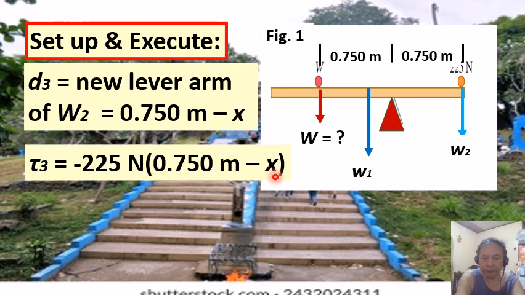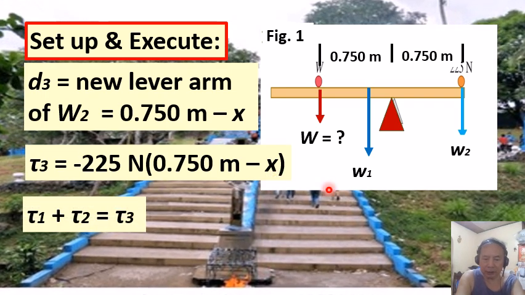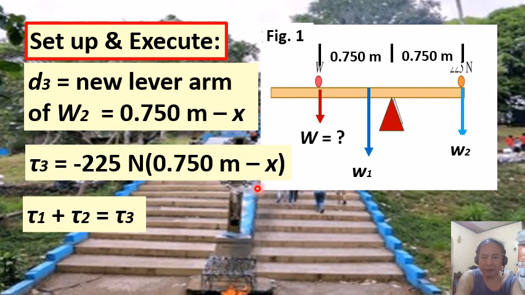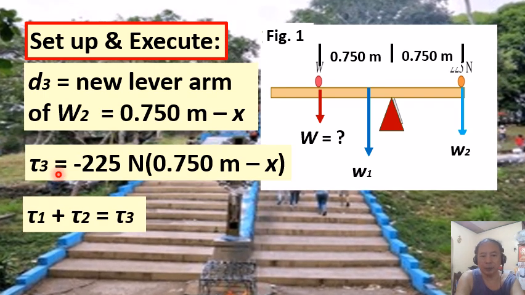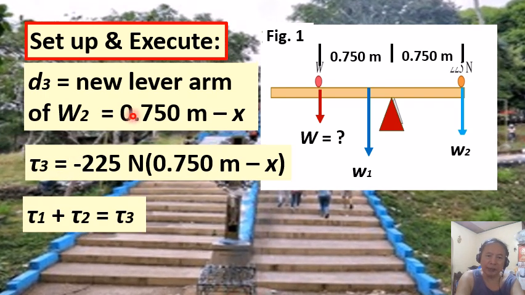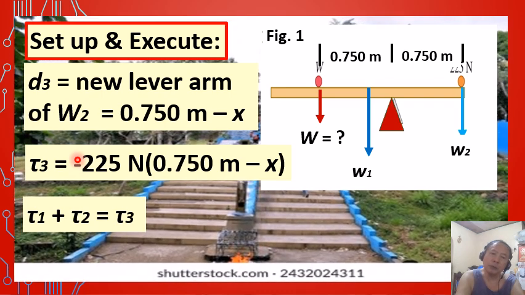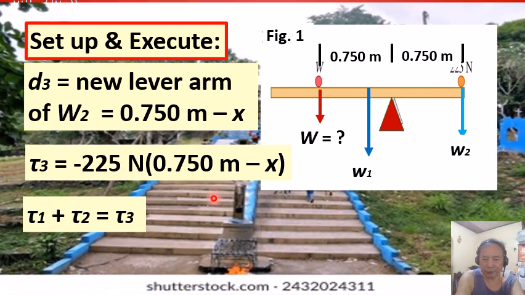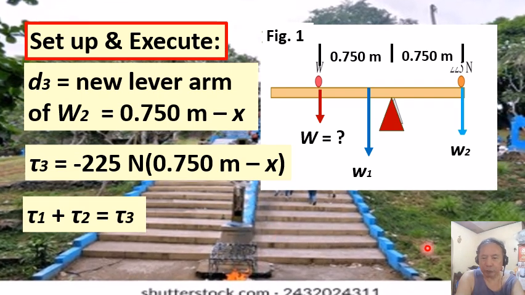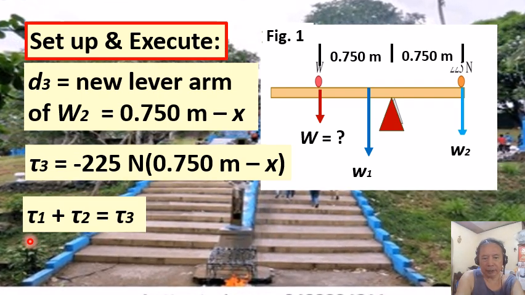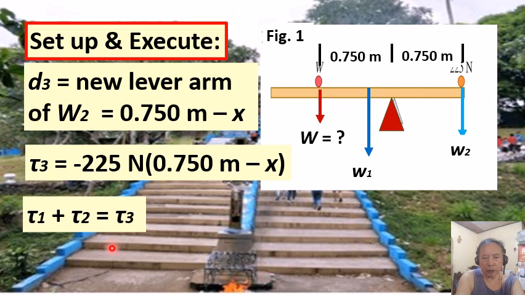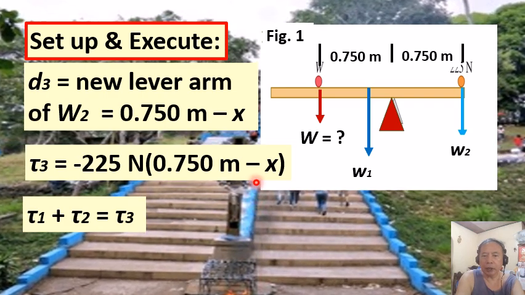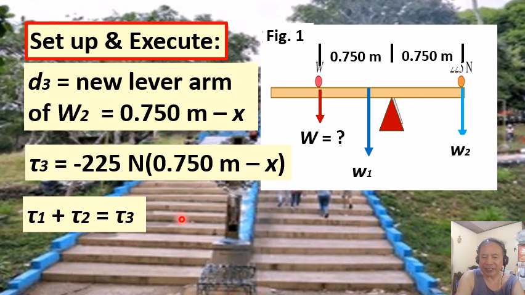Simplifying, we will have the simplified expression for torque number 3 and all the other torques, torque 1 and torque 2, in just a short while, where we will also be applying the torque principle in order to calculate the value of x.